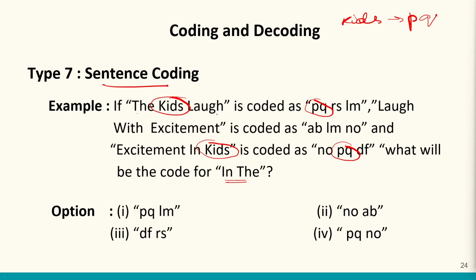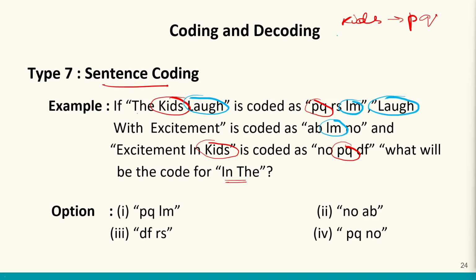The kids laugh and laugh with excitement. Both of these sentences have laugh as common. If we look at the codes, we have PQ, RS, LM. PQ is already coded as kids. So we have RS, LM, and over here we have AB, LM, NO. The only letters common are LM.